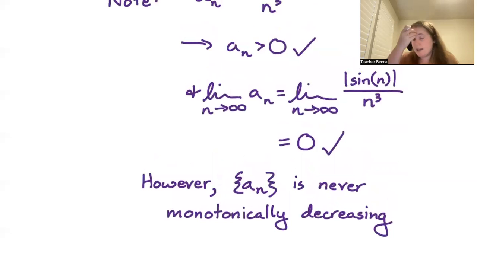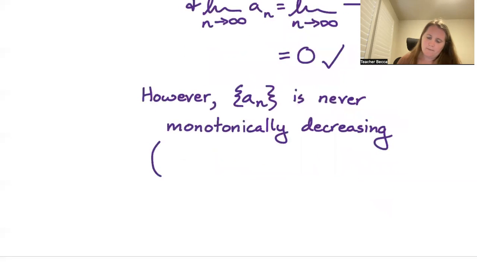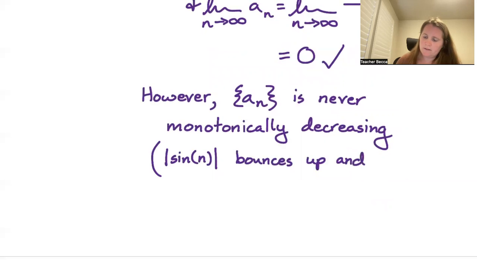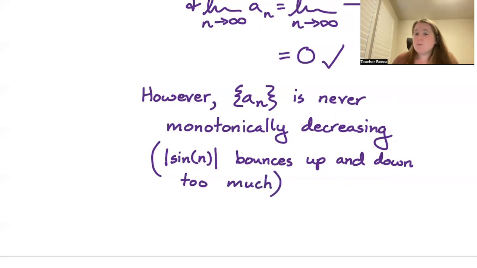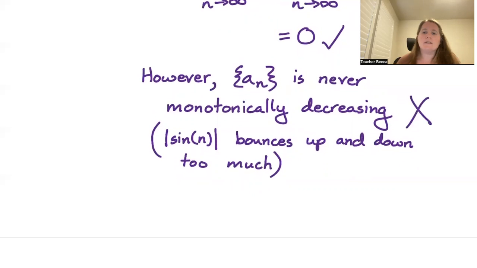Essentially, our sine n is bouncing around at various values, so that absolute value of sine n bounces up and down too much to make the sequence monotonically decreasing. As a result, we cannot apply the alternating series test.